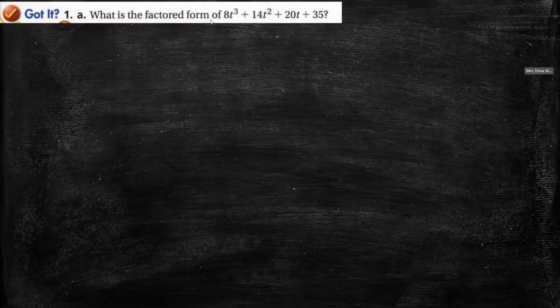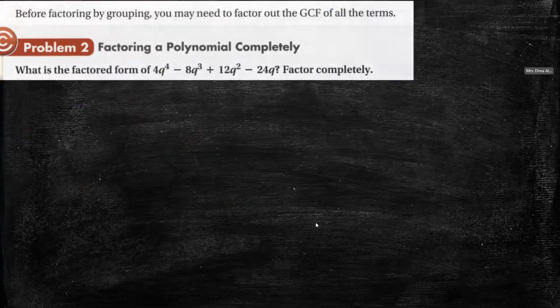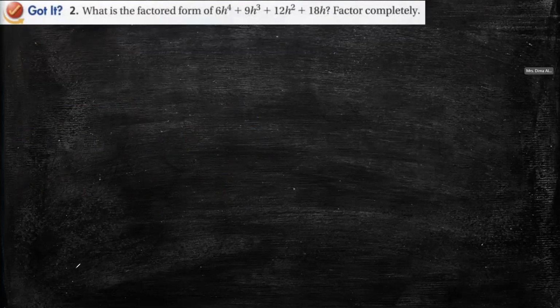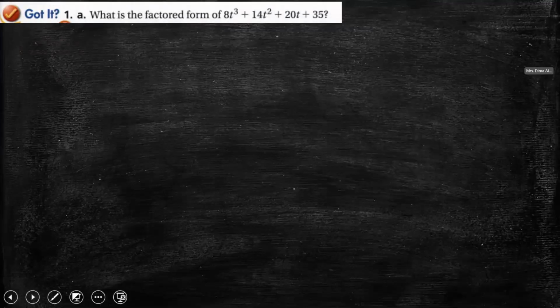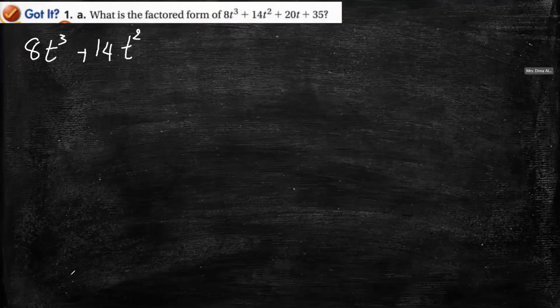Now let's have another example here. What is the factored form of 8t cubed plus 14t squared plus 20t plus 35? Let's rewrite it here: 8t cubed plus 14t squared plus 20t plus 35.